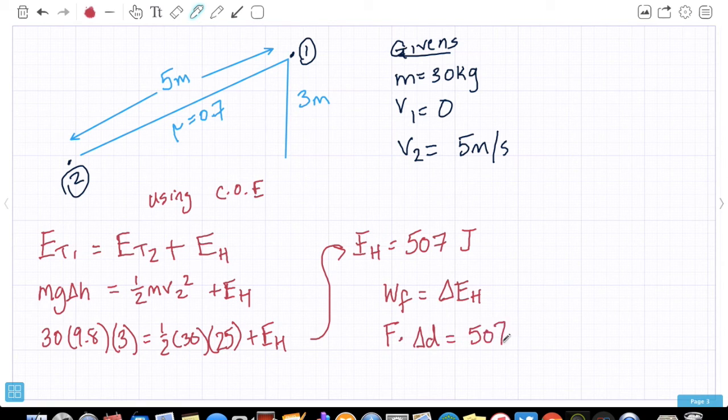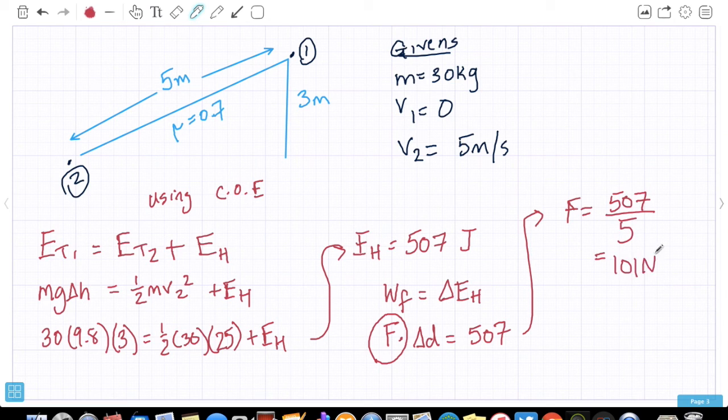And we know that the particular force that we're interested in is friction. So this is actually what we want to find, this value right there. So we know the Δd, the force happened along the ramp itself. So the displacement is 5. So F is equal to 507 divided by 5. And this works out to be 101 newtons.